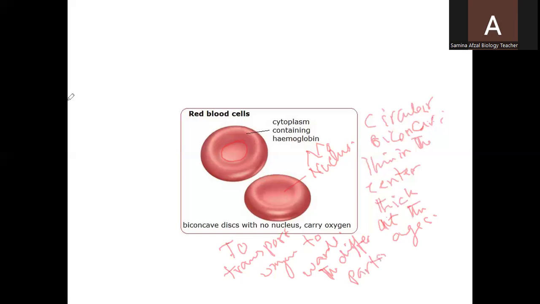When they move to different parts of the body, they need a carrier, and the carrier is hemoglobin. Hemoglobin takes the oxygen towards the different parts in the form of oxyhemoglobin.